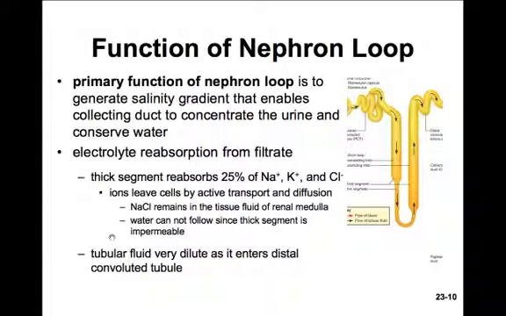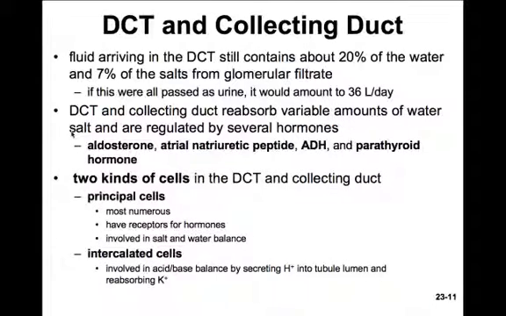The catch here is that water can't follow this gradient creation because the thick segment is not permeable to water. So that leaves the tubular fluid very dilute, with lots of solutes in the tissue outside of the nephron loop.